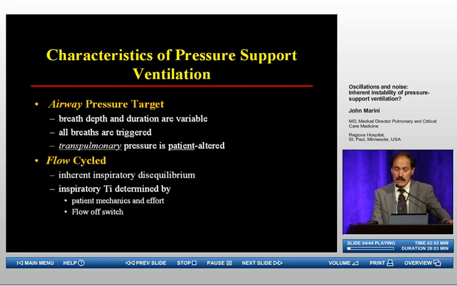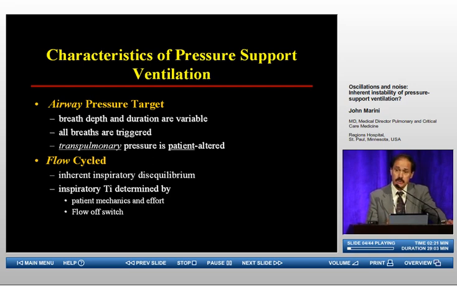Characteristics of pressure support ventilation: you set an airway pressure target, but the breath depth and duration are variable, all breaths are triggered, and the transpulmonary pressure is patient altered.